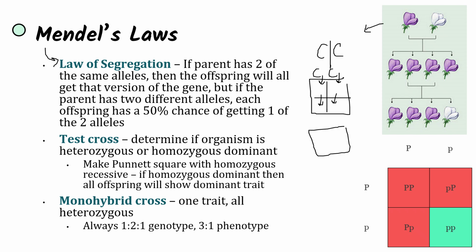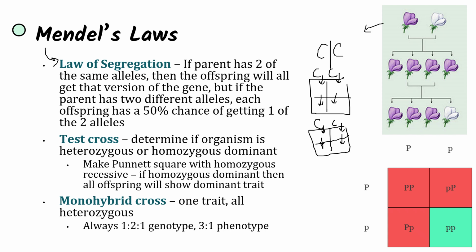But if it were a heterozygous plant, and we did the same thing with the segregation of alleles, then 50% would receive the recessive, while 50% would receive the dominant allele. So this law of segregation gives an explanation behind the practices that we're using within our Punnett squares in order to determine the probability of each genetic outcome when breeding two organisms.